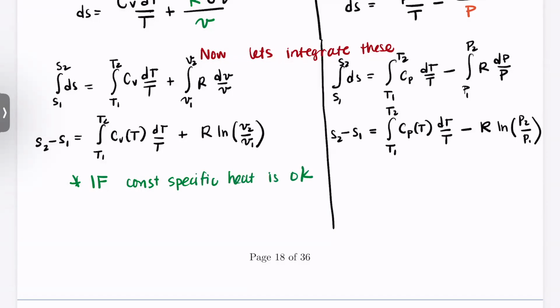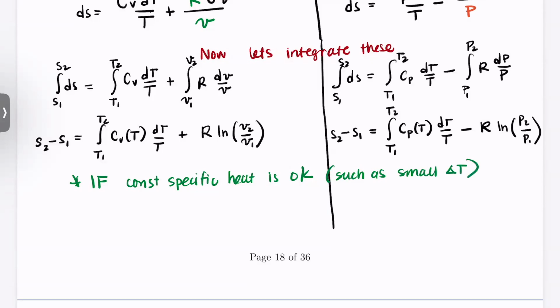If you remember when we were talking about specific heats, in certain temperature regions it doesn't change a lot, all right? So as long as you're looking at temperature changes that are not extreme, this is an okay thing to do. But if you're not doing that, then you'll have to do the integral, okay? So such as small delta T, all right?